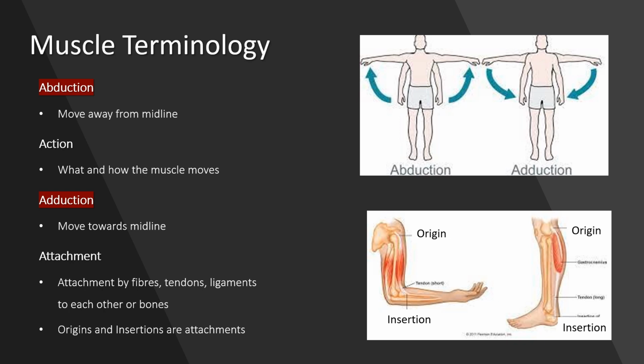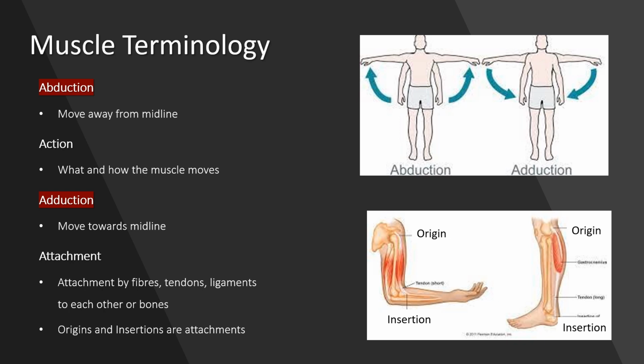Now, an attachment is anywhere that the muscle, the tendon, or the ligaments attach to the bone. So an attachment could be by fibers, tendons, ligaments to each other or to bones.